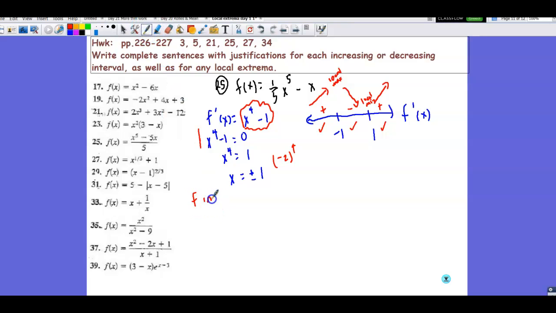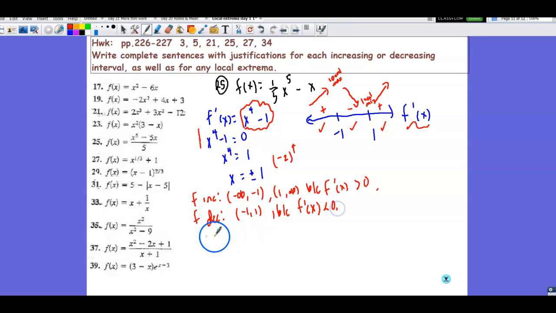So f increases from negative infinity to negative 1, and increases again from 1 to infinity, because I'm going to justify using the first derivative. f prime of x is greater than 0, or f prime of x is positive. Likewise, f decreases from negative 1 to 1, because f prime of x, the first derivative, is less than 0.